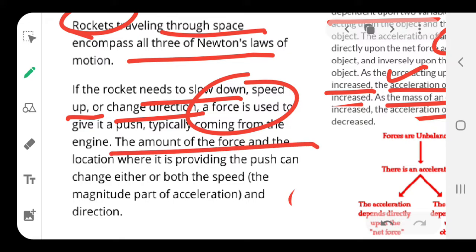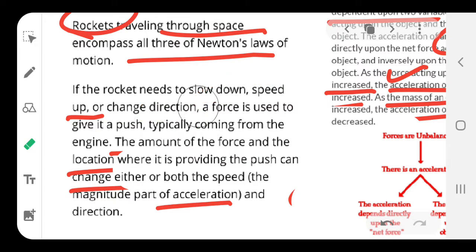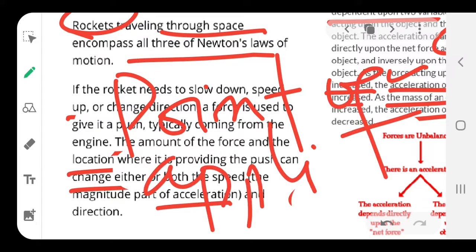The amount of force and the location where it provides the push changes either the direction or the acceleration, meaning the point of application of force. Point of application of force plays a vital role in the body's motion. Point of application is where we are applying the force.